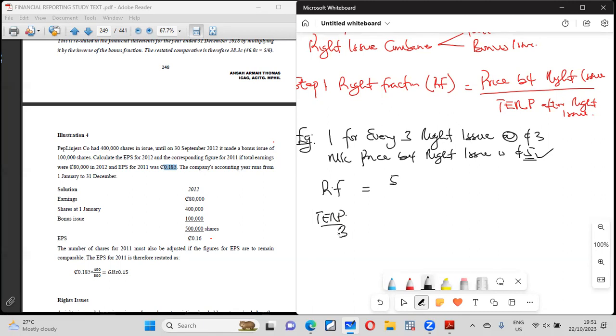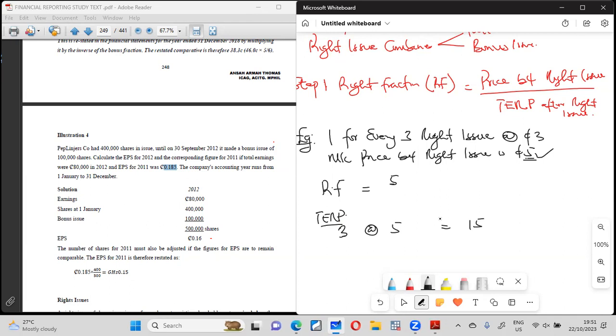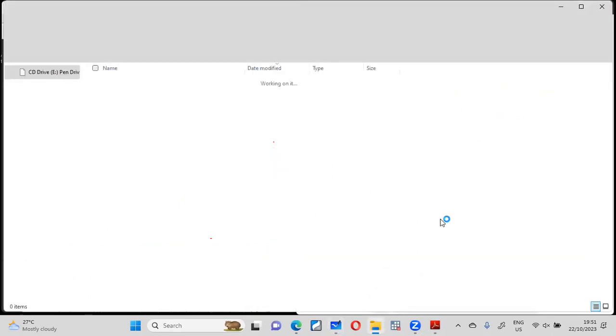And the price of those shares was 5. So that gives us 15. Then the right issue, what is coming in is 1. Then the price of that one is 3.